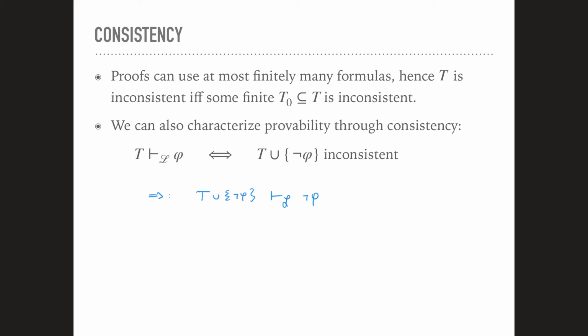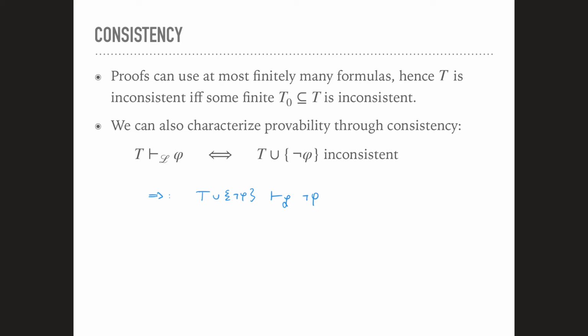So if T proves phi, then T union not phi also proves phi, because T already proves it. And since T union not phi also proves not phi, then we would have an inconsistency here.